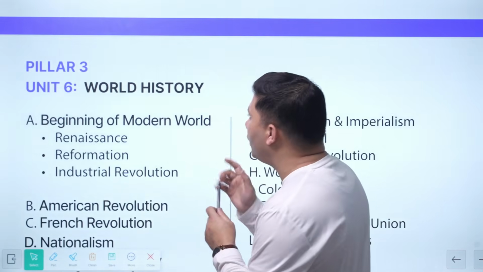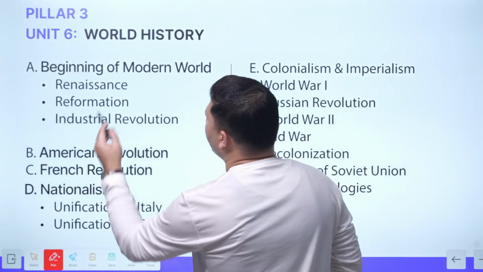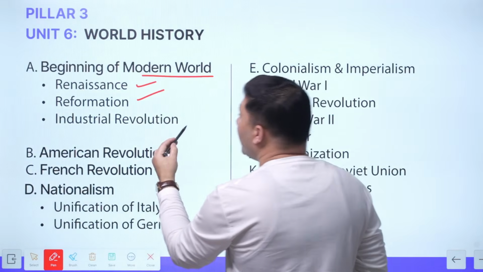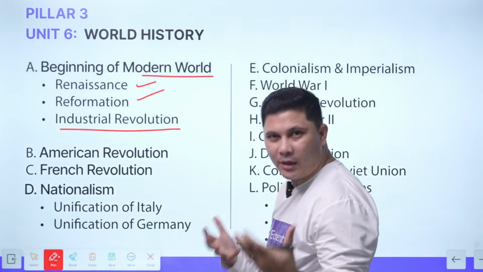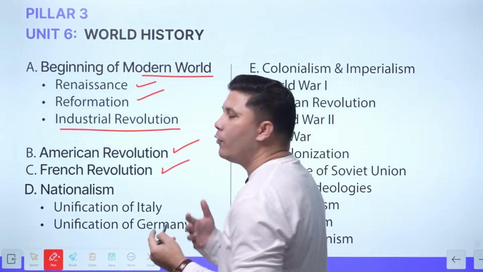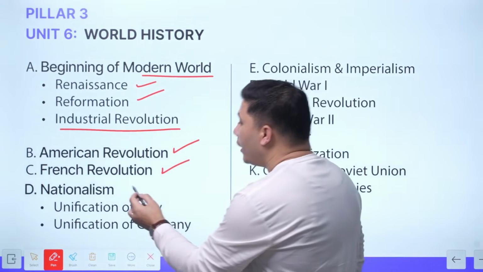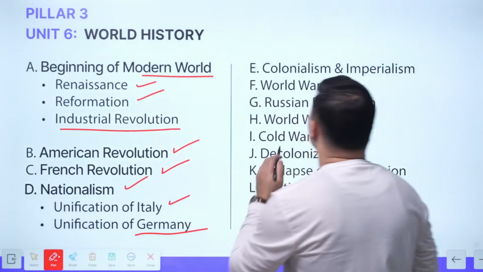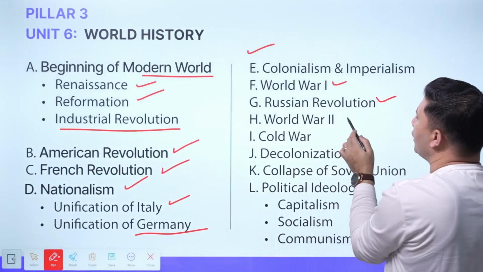Now in world history, you have to study the beginning of the modern world, the Renaissance period, the Reformation, the Industrial Revolution. I believe many of you have studied this. The American Revolution, the French Revolution, we all studied during our school days. Then nationalism, unification of Italy, unification of Germany, colonialism and imperialism, World War I, the Russian Revolution.